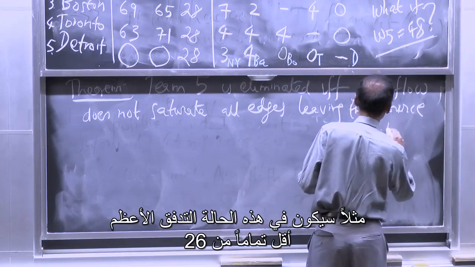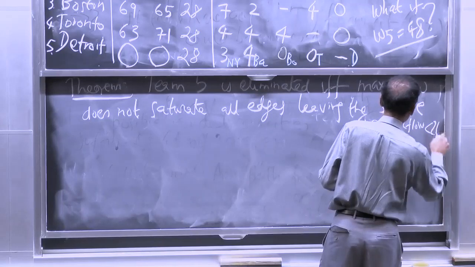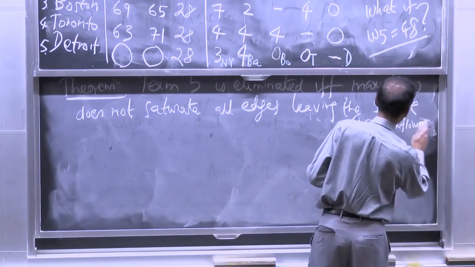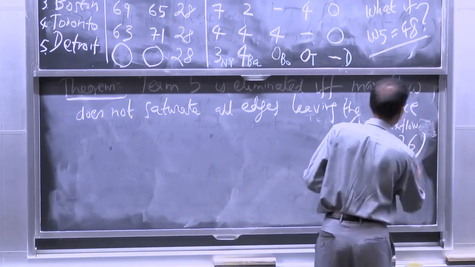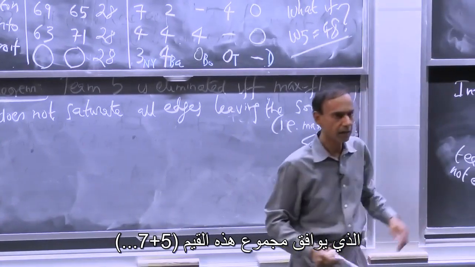I.e., in this case, the max flow is strictly less than 26, which corresponds to the sum of those things, 5 plus 7 plus yada, yada, yada.